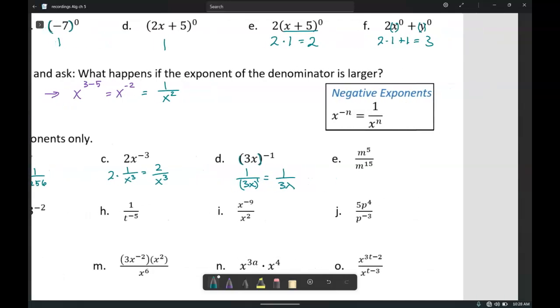Here we can go ahead and apply our quotient rule, which is m to the 5 minus 15, gives us m to the -10. Then we can use our negative exponent rule and rewrite it as 1 over m to the 10th.